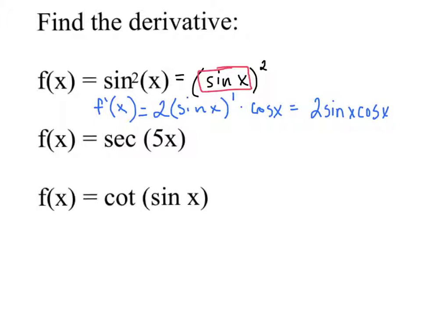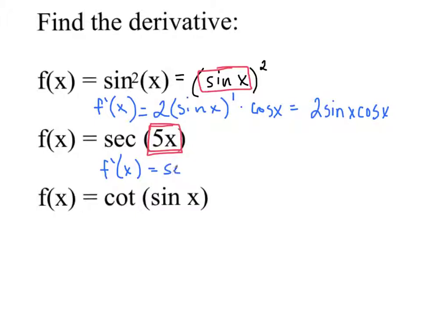The next problem. Again, probably obvious that the inside function is 5x. So for my derivative, I start with the derivative of the outside function. The derivative of secant is secant multiplied by tangent.